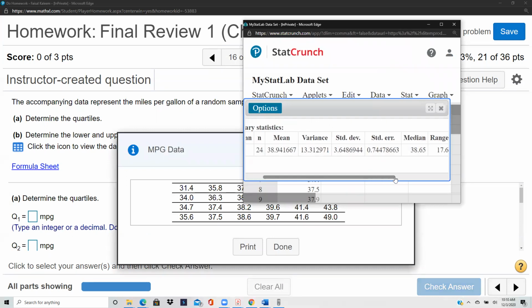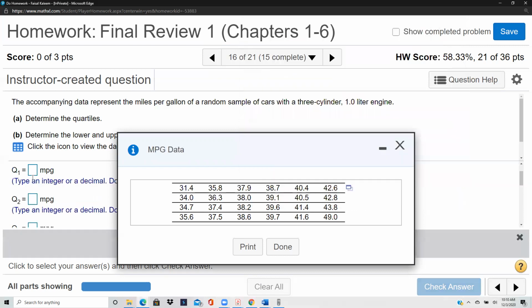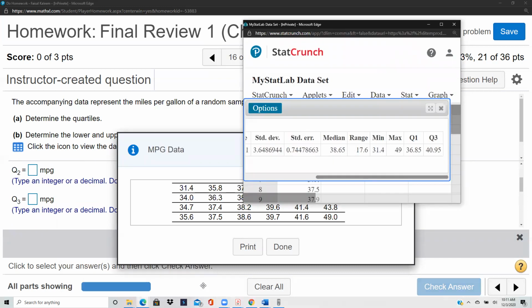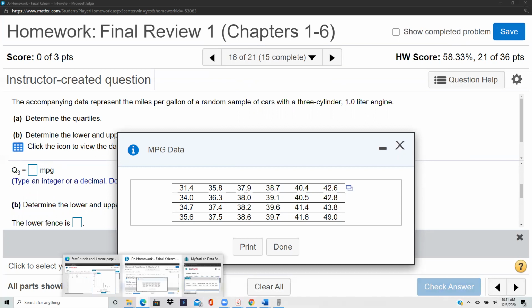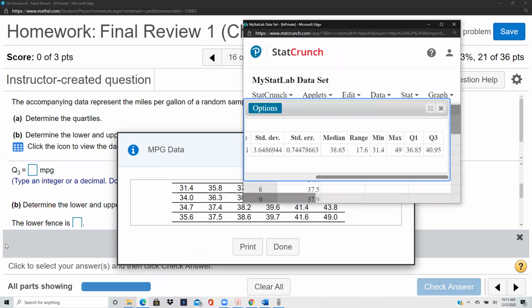So the first quartile is 36.85. Where's the second quartile? Isn't it the median? Second quartile is the median, 38.65. And 40.95.